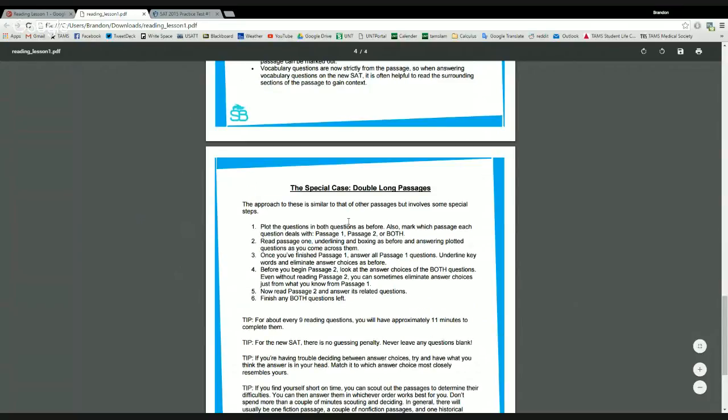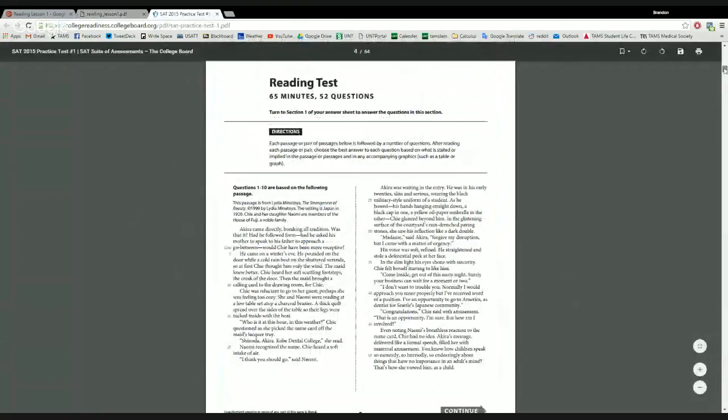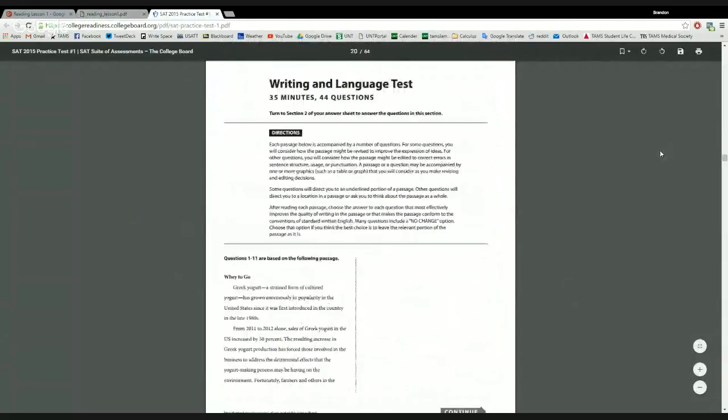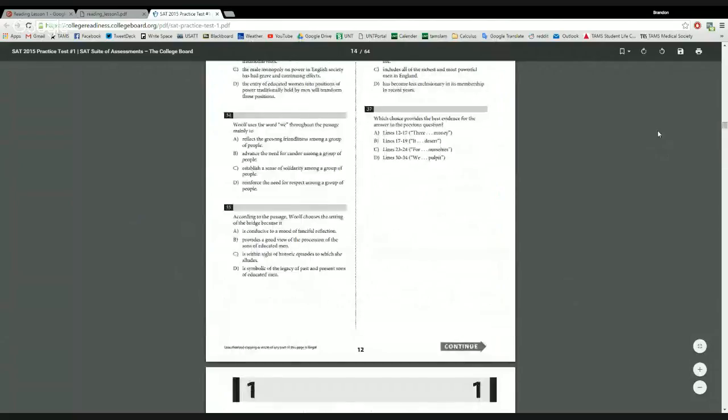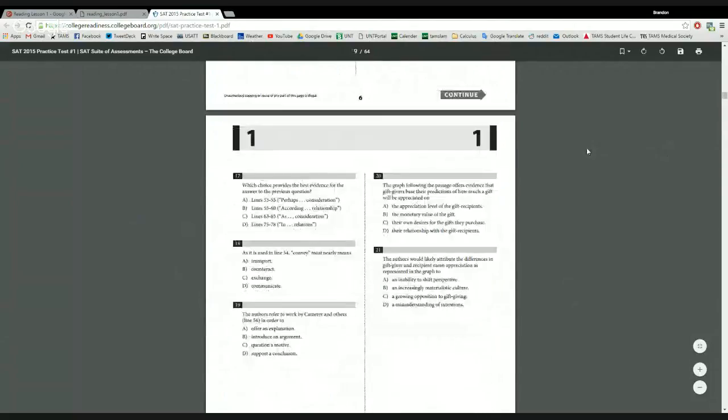Special case, double long passages. In the SAT, there is one long double passage, and we try to find that in this test.